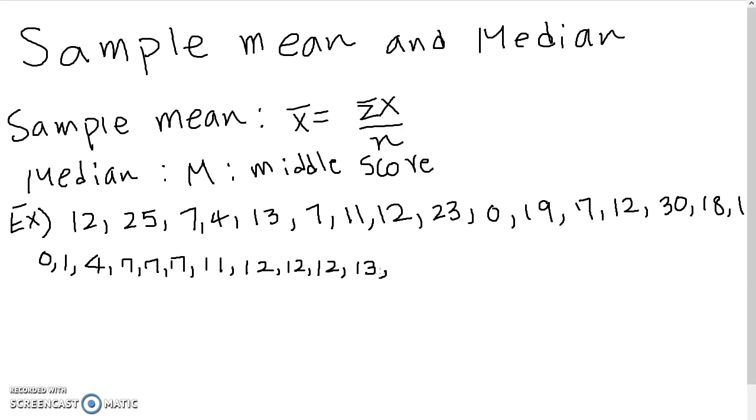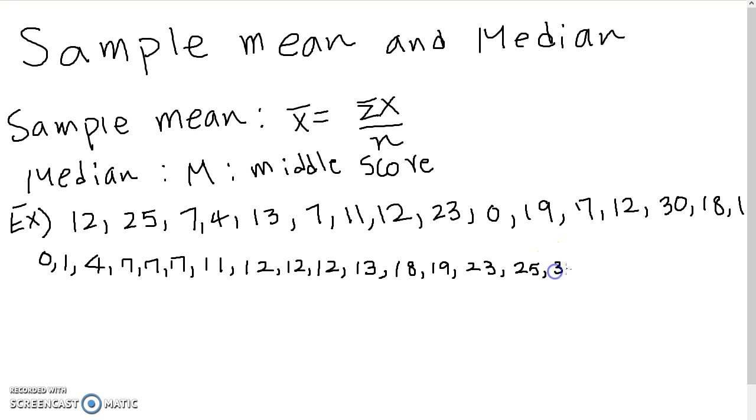I don't have a 14, 15, 16, or 17, but I do have 18 and 19. I don't have a 20, 21, 22, but 23 I have. And 24, 25 I have. 26, 27, 28, 29, then I have 30.